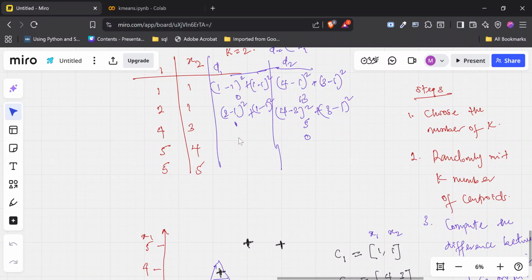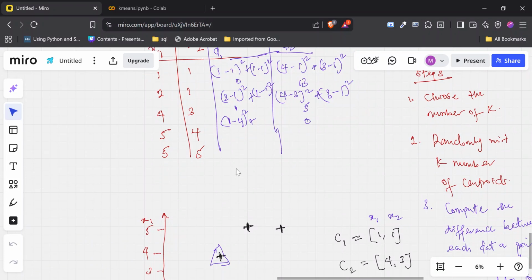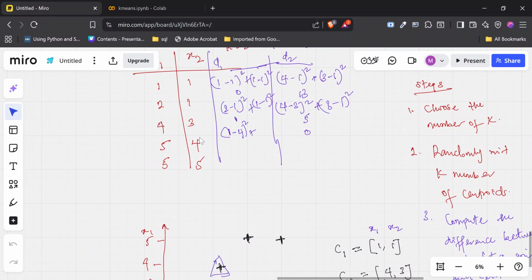But on this side of things, it is going to be 1 minus 4, all squared, plus 1 minus 3, all squared. So 1 minus 4 is minus 3 squared, 9, plus 4, that's 13. So this is going to be 13.